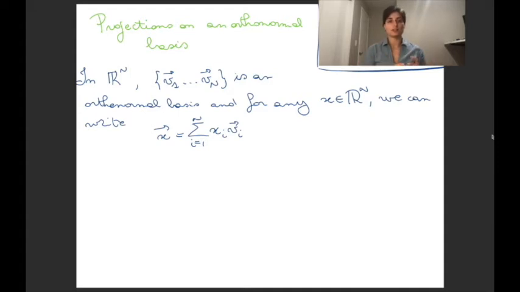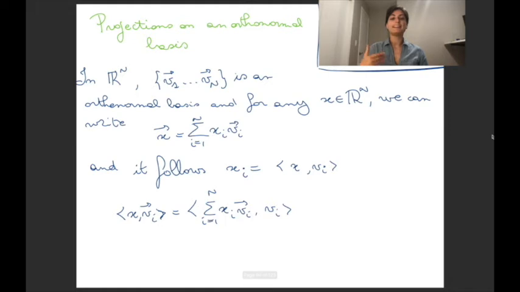Let's look at the projections out of an orthonormal basis when we're looking in Rn. So if in Rn we have V1 to Vn, an orthonormal basis, for any vector x in Rn, we can write the vector as the sum of the orthonormal basis we just used times some coefficients. And it follows from this that the coefficient needs to be defined as the inner product of x with Vi. So why does it follow?